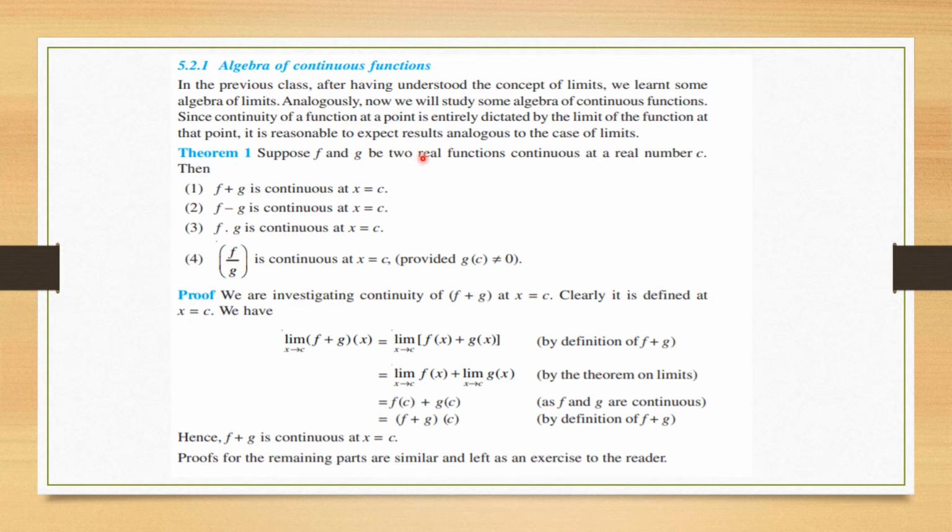You know that both f and g are continuous, so the limit x approaches c of f(x), if it is continuous, will be equal to f(c), and this will be equal to g(c). Taking f plus g common, we get (f plus g)(c). So we proved that this turns out to be this. That means f plus g is continuous at x equal to c.